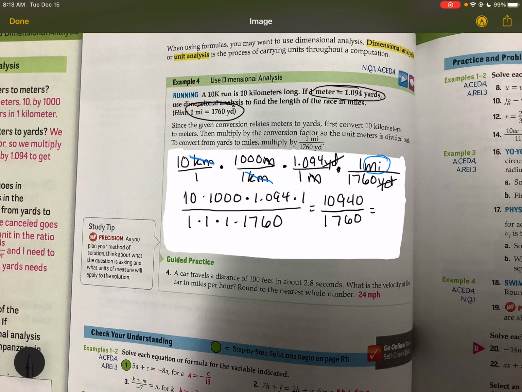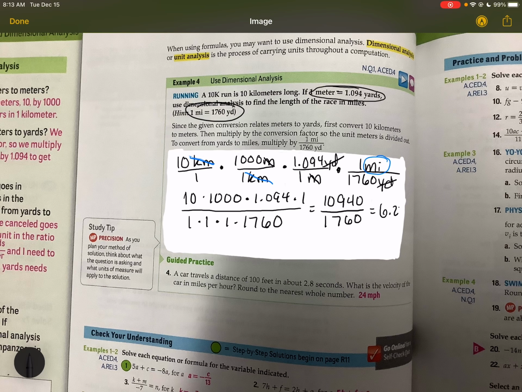Divide them out, and you should get 6.22. And that's all you have to do. So again, you're only going to have probably like 2 questions like this on the worksheet to complete, and you'll be all set.